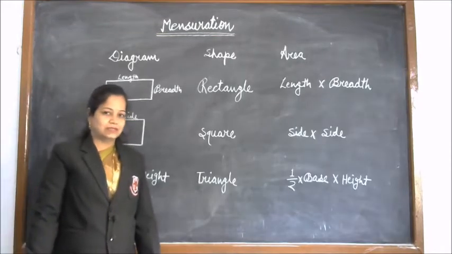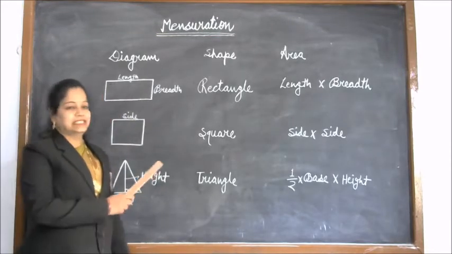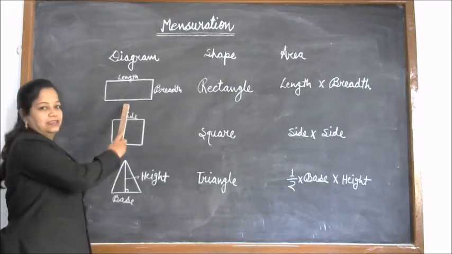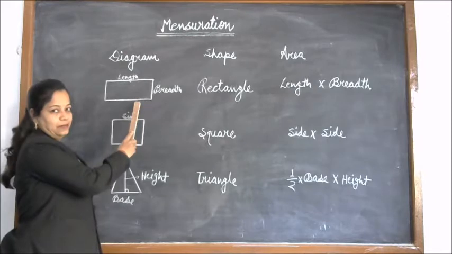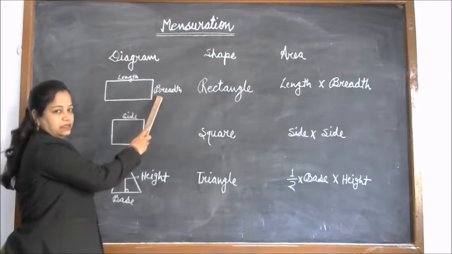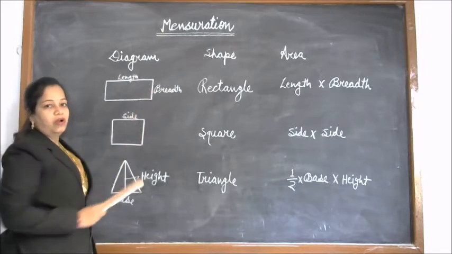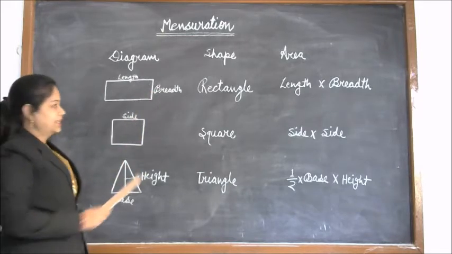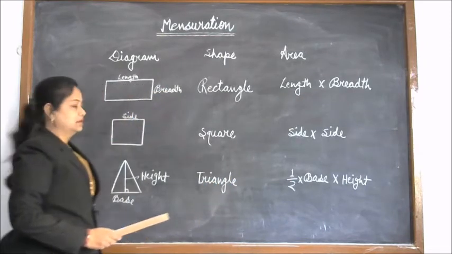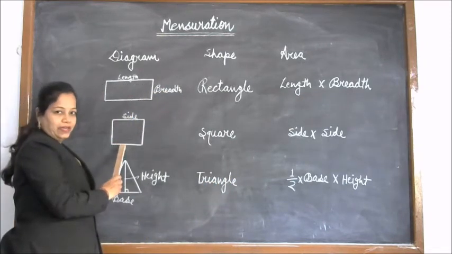So students, look at some formulas of 2D shapes. This is a rectangle and rectangle has length and breadth. So formula for area of rectangle is length into breadth. This is a square.